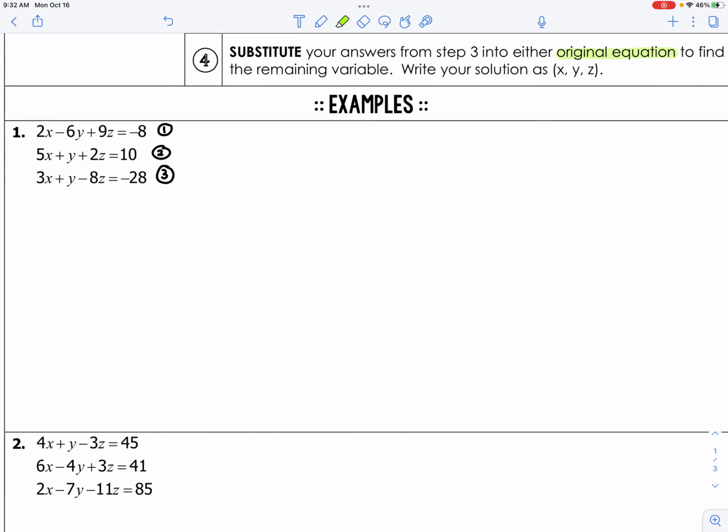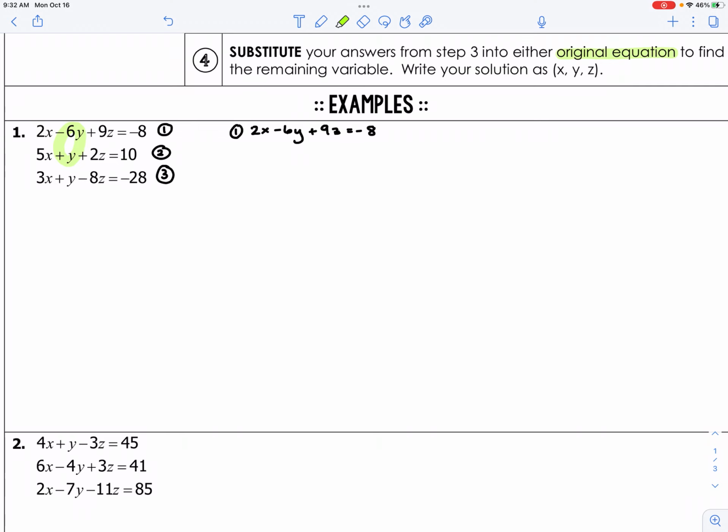So if I pick my y's to get eliminated, if I pick equations 1 and 2, 2x minus 6y plus 9z equals negative 8, and equation 2, but I want to eliminate the y. So in order to get a zero pair with these two, I need a 6 in front of that y.